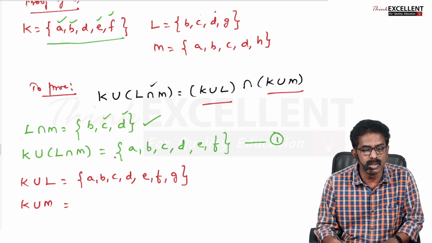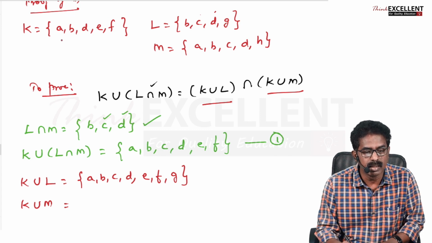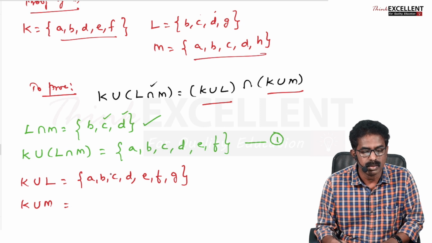So now K union M, K is here, M is here. Okay, listen. Take the union.